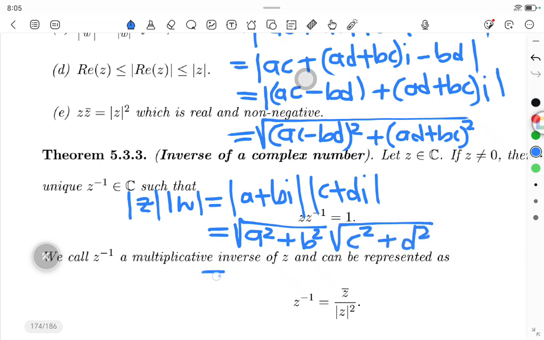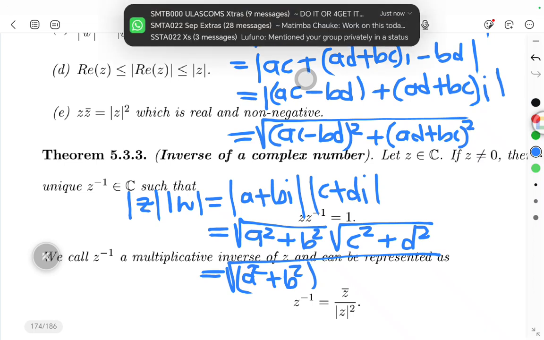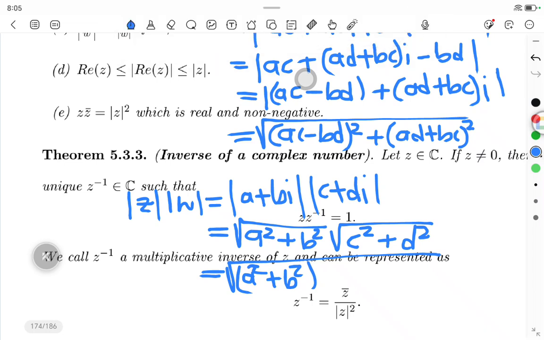And if I put them together, I'm going to get A squared plus B squared times C squared plus D squared.